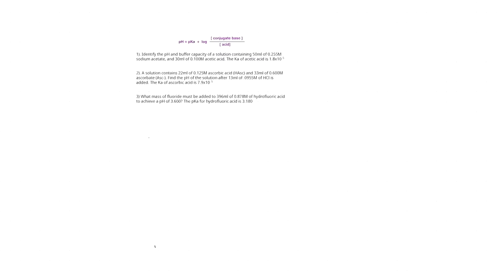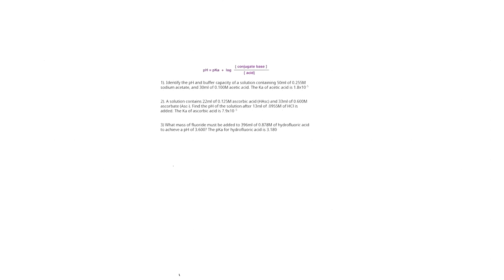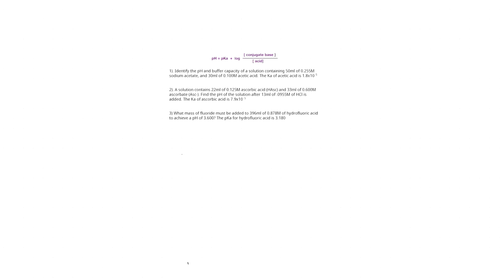Because if that happened, we would get something called alkalosis or acidosis. For example, when you hyperventilate, your body becomes a little bit acidic, and that's why you're at risk to pass out. So that's why buffers are important in the real world, and for many other reasons that don't relate to biological systems.